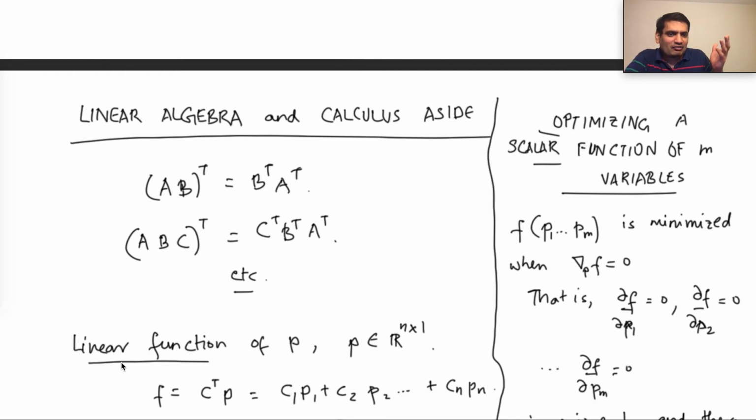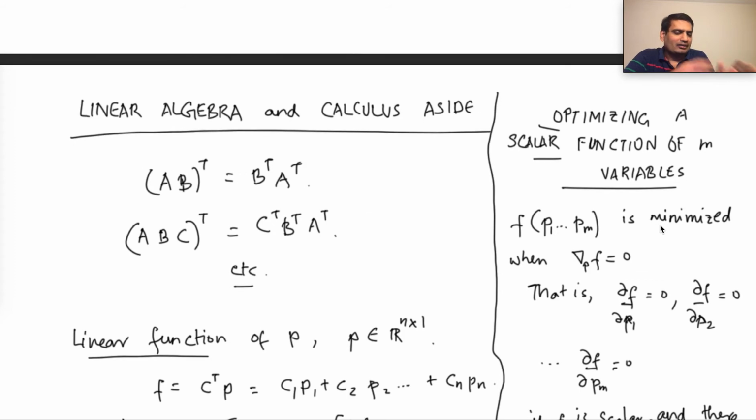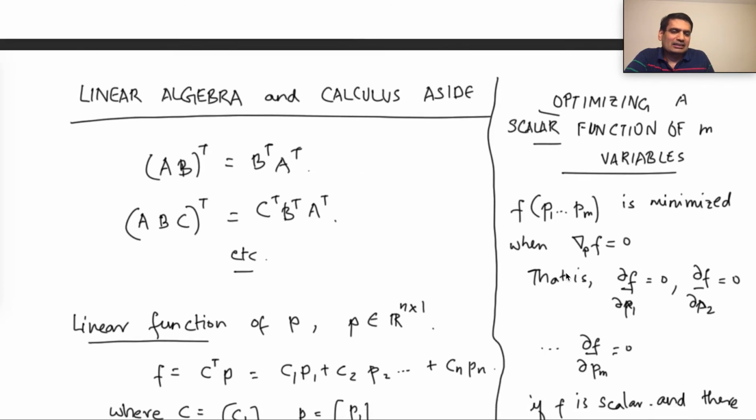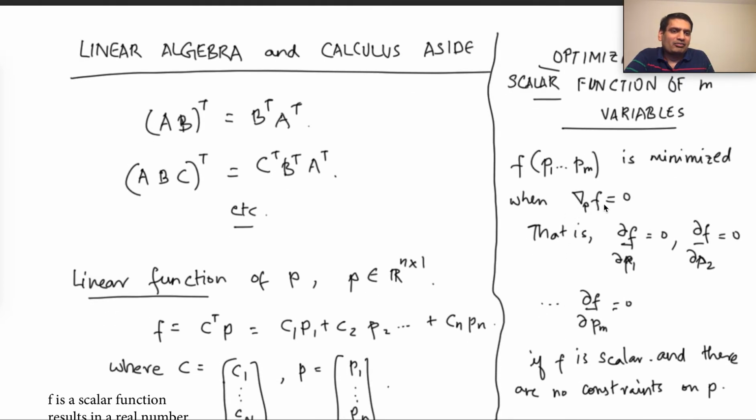Now, if you have a function of many variables, f of p1, p2, p3, and there are no constraints on p1, p2, p3, etc., they could take any values, then it turns out the necessary condition for minimizing f is that the gradient of f is equal to 0.